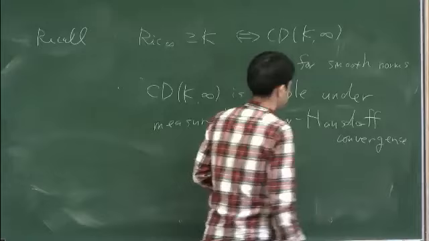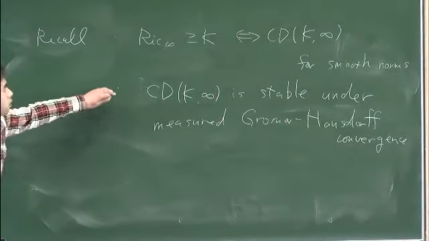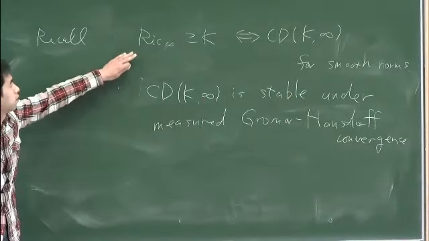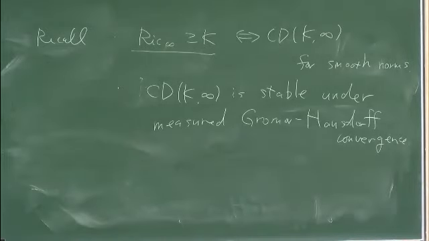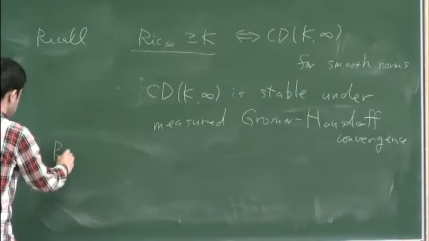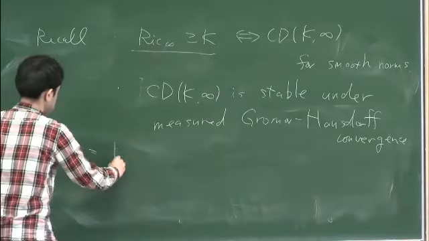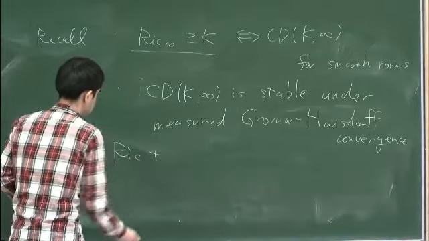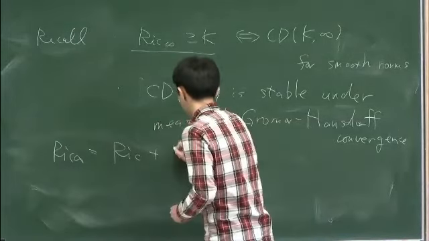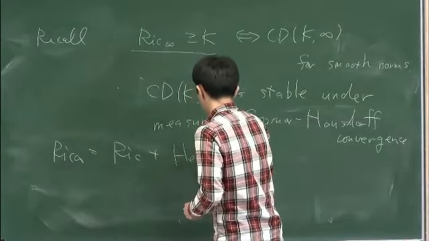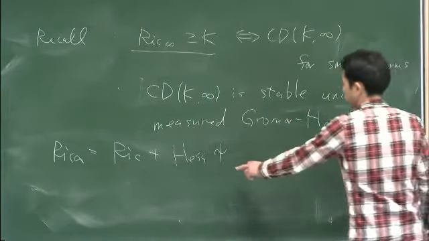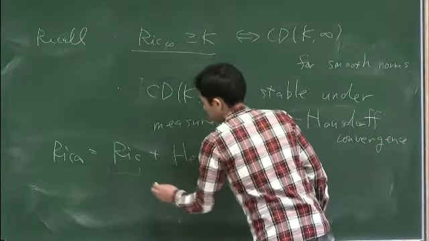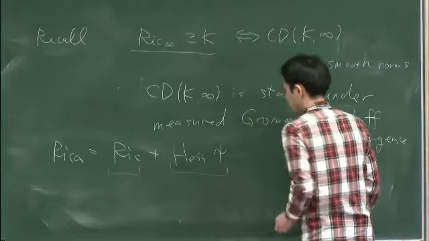So Ricci calculation concerns only smooth cases. So what we have to check is this one. And then as I said, the Ricci curvature is the sum of Ricci curvature plus some term coming from the weight, so this is about the metric and this is about the measure.